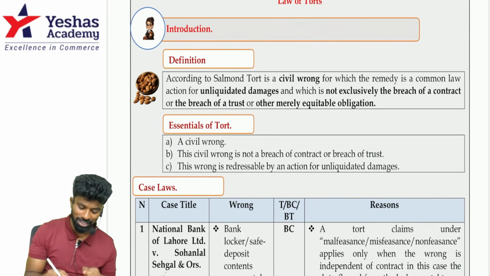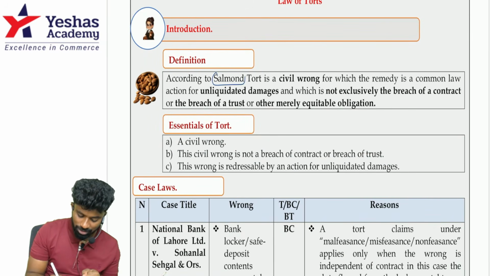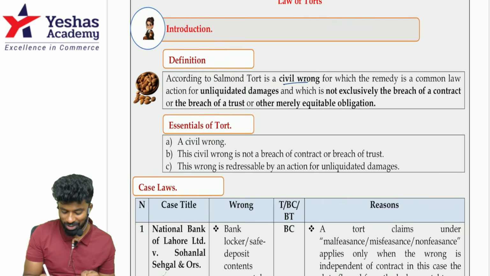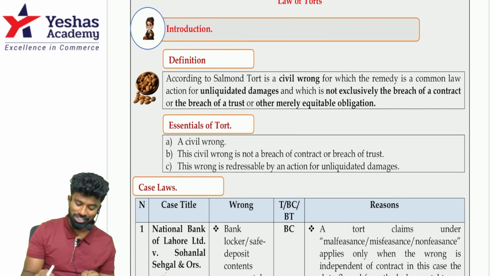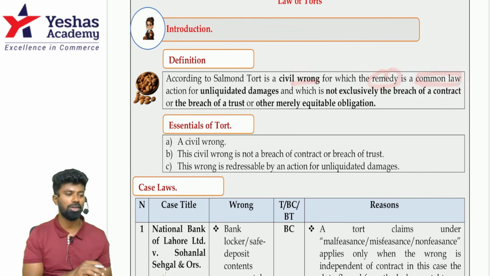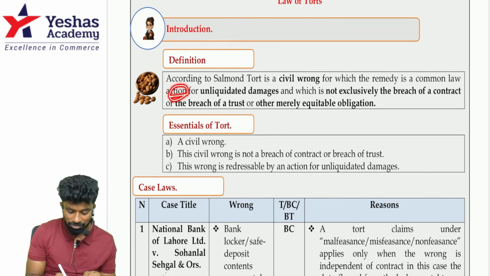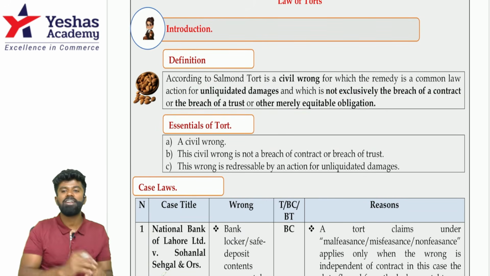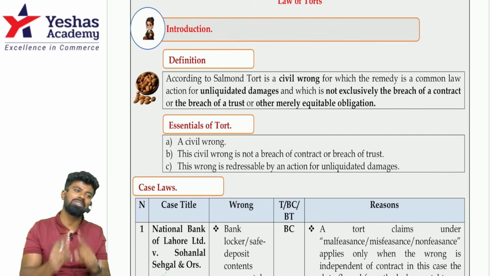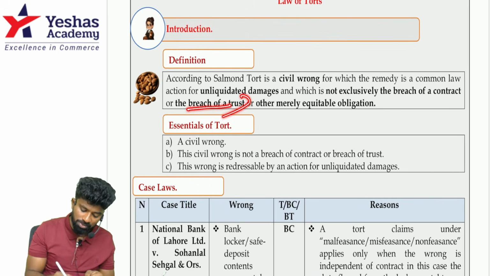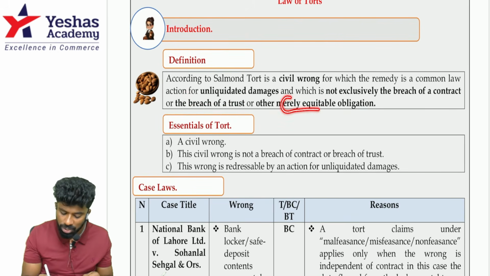According to Salmond, not almond: tort is a civil wrong for which the remedy is in uncodified law, where the action is for unliquidated damages, and which is not exclusively a breach of contract, or a breach of trust, or merely an equitable obligation.